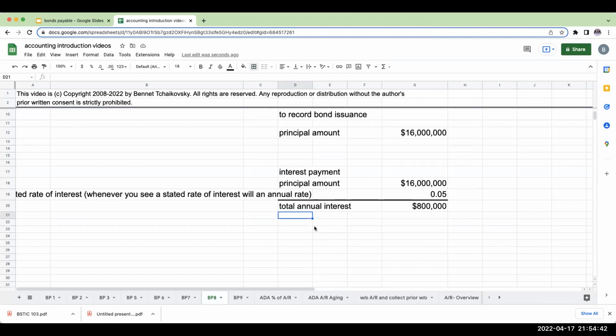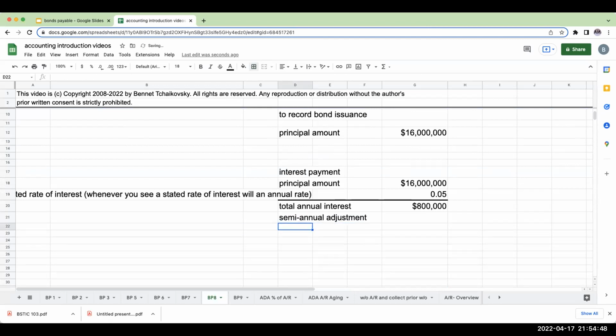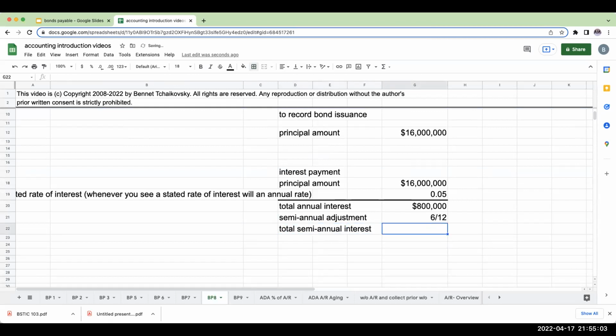So if this is annual interest, my semi-annual adjustment is going to be 6/12, or twice per year. So my total semi-annual interest is going to be 800,000 times 6/12, or 0.5, or 400,000.